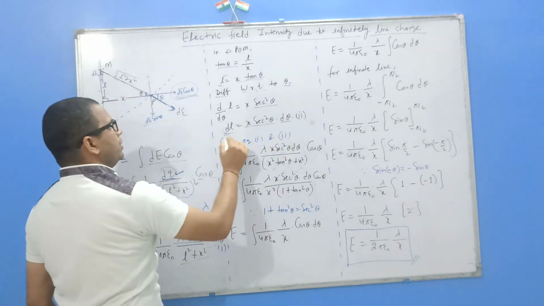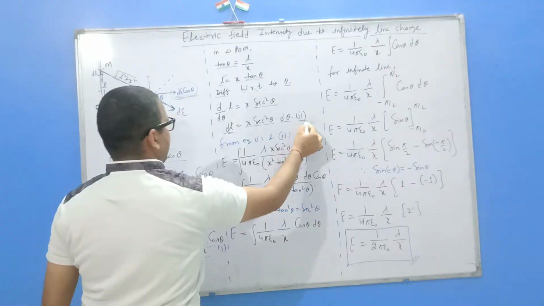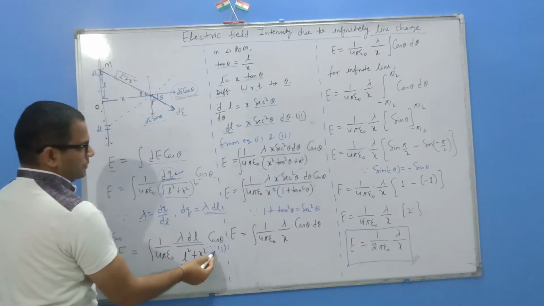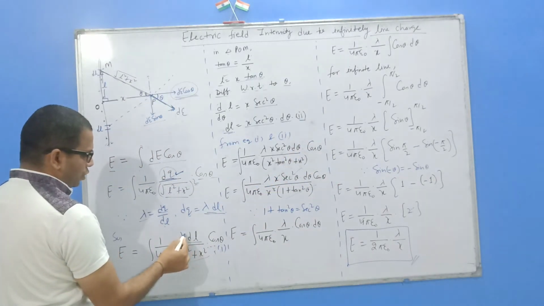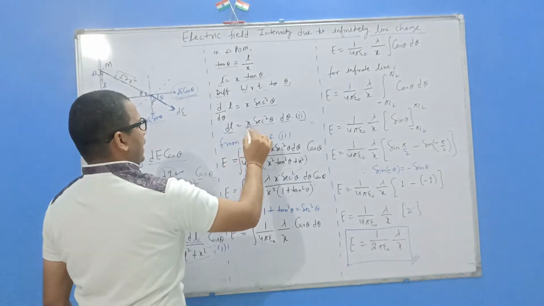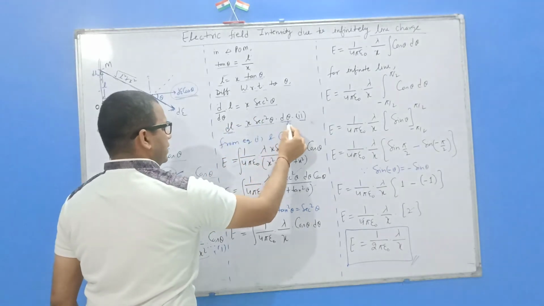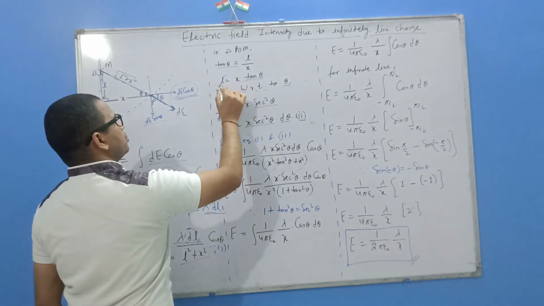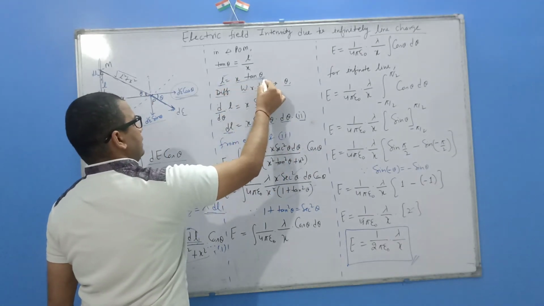Now putting this value of dl from equation second into the first. In place of dl we put x sec square theta d theta, and in place of L we put x tan theta.